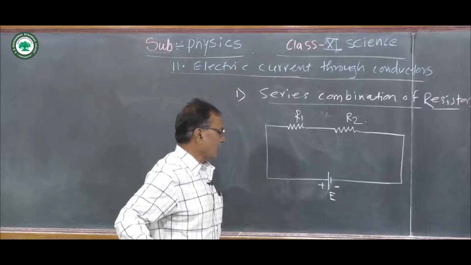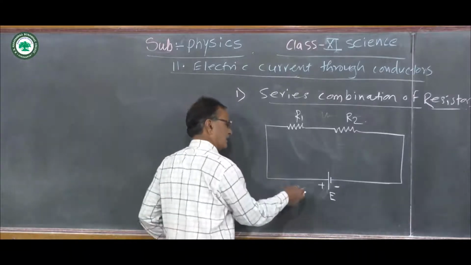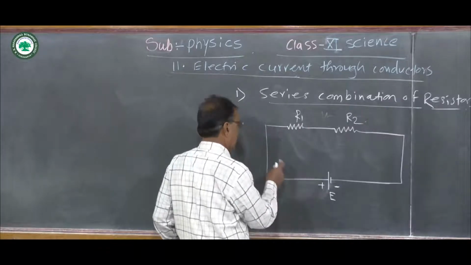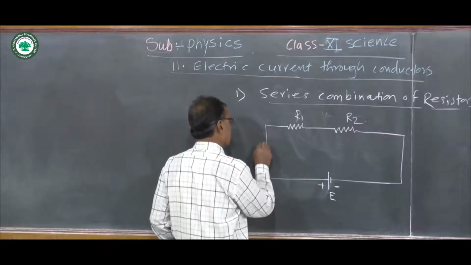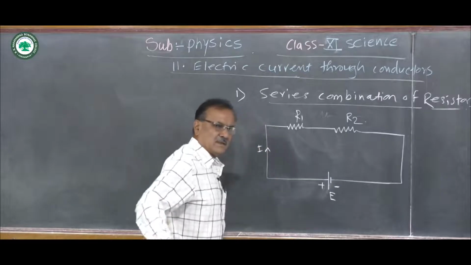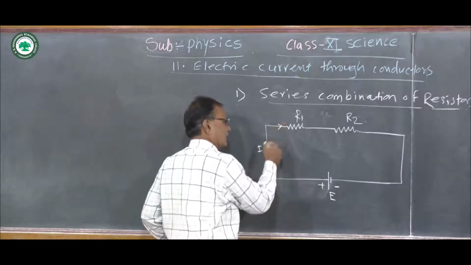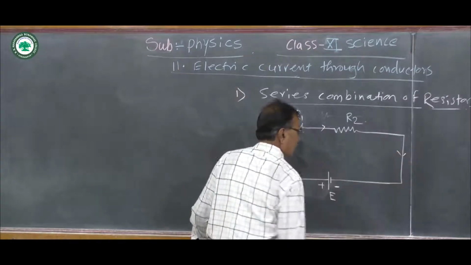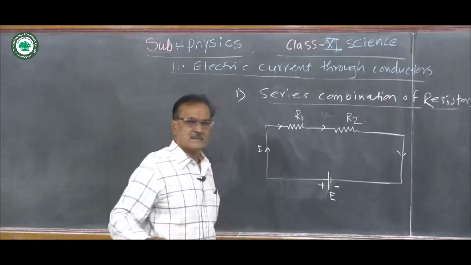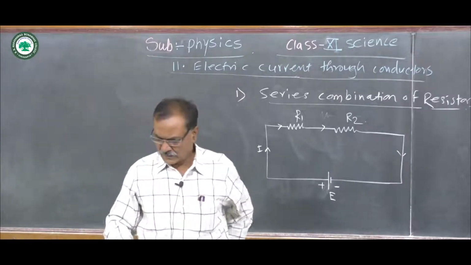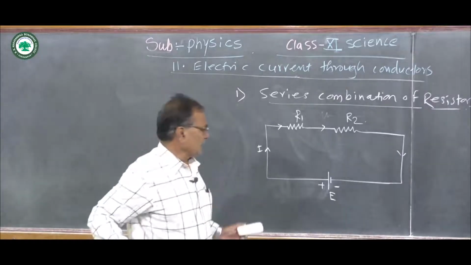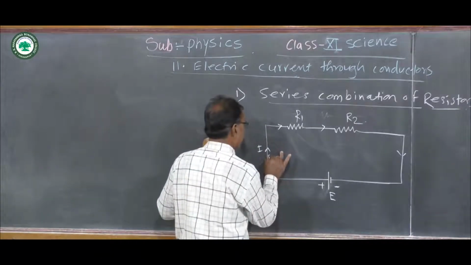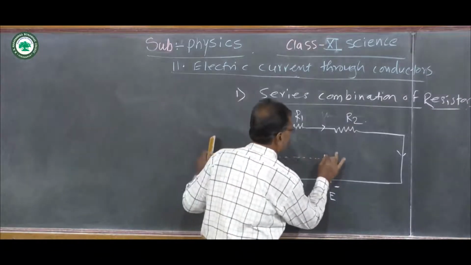Now, when an electric current is flowing through R1 and R2, the battery provides current I flowing through the resistance R1 and R2 in the circuit. So, it produces the potential difference V across the series combination.